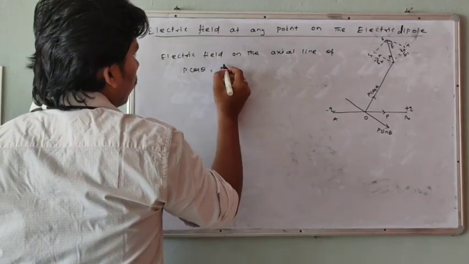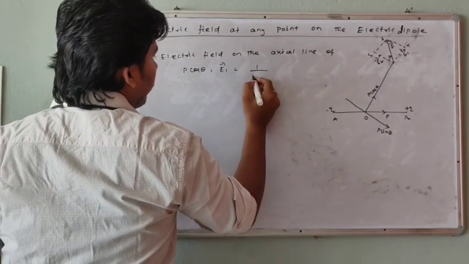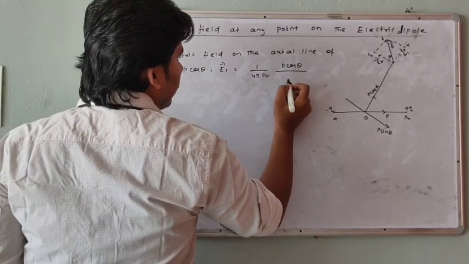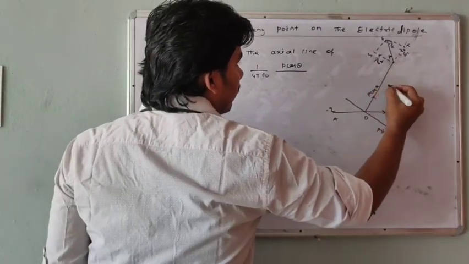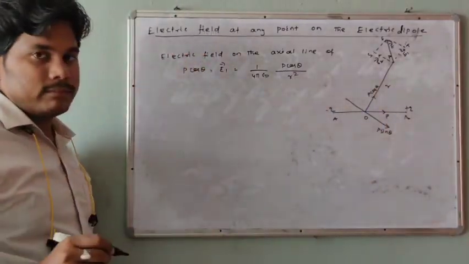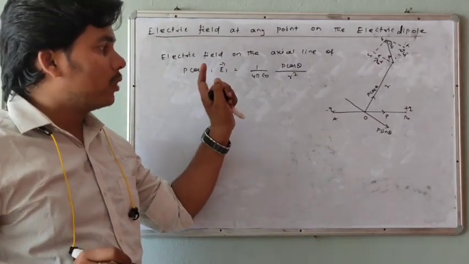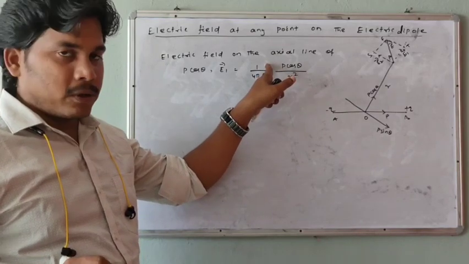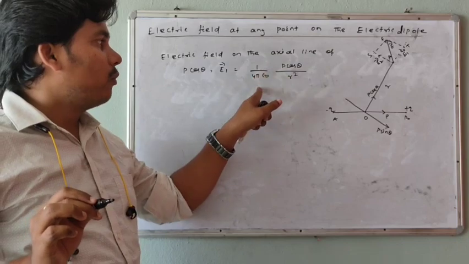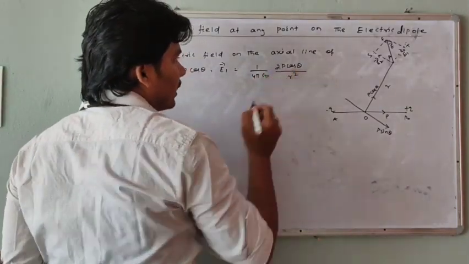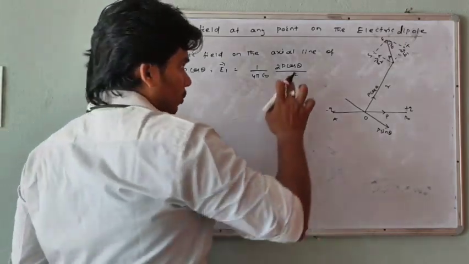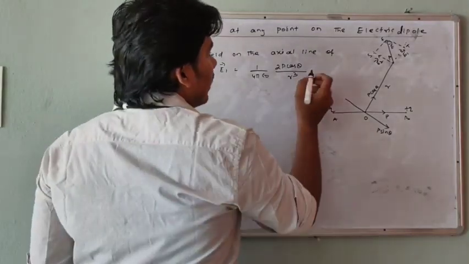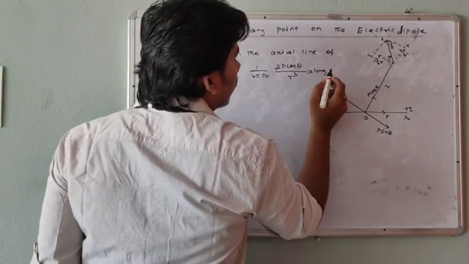That's why E1 vector equal to 1 by 4 pi epsilon 0, P cos theta by R square. Understood? As per the axial line, this will be 1 by 4 pi epsilon 0, 2P cos theta by R square. Sorry, R cube. Understood? And this is along PT.